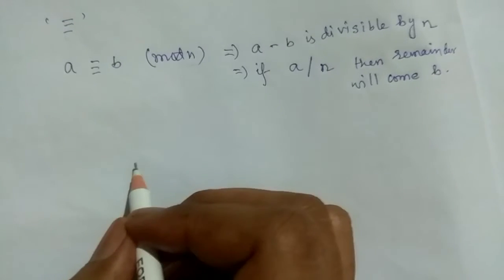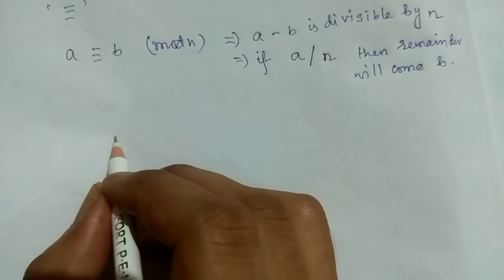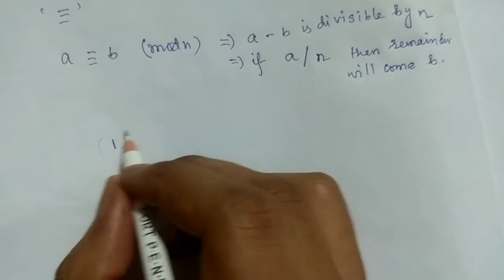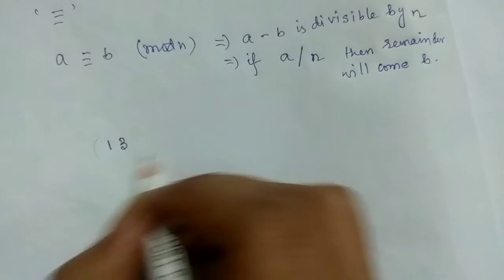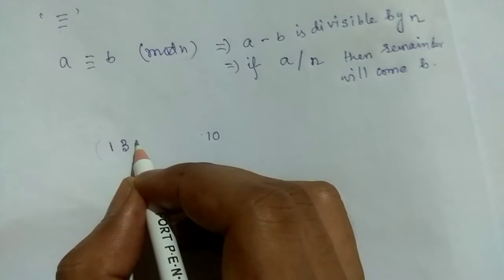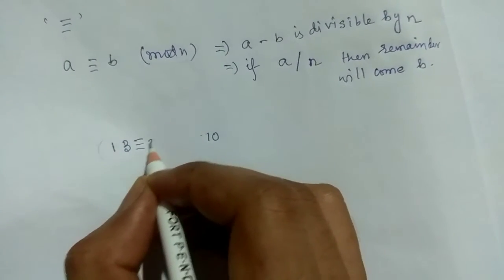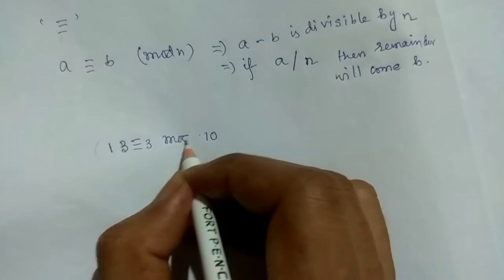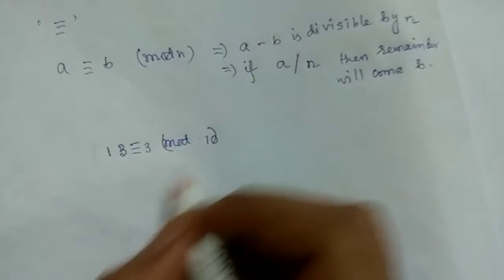Now taking an example: if 13 is divided by 10, then the remainder will be 3, and it will be denoted like this.